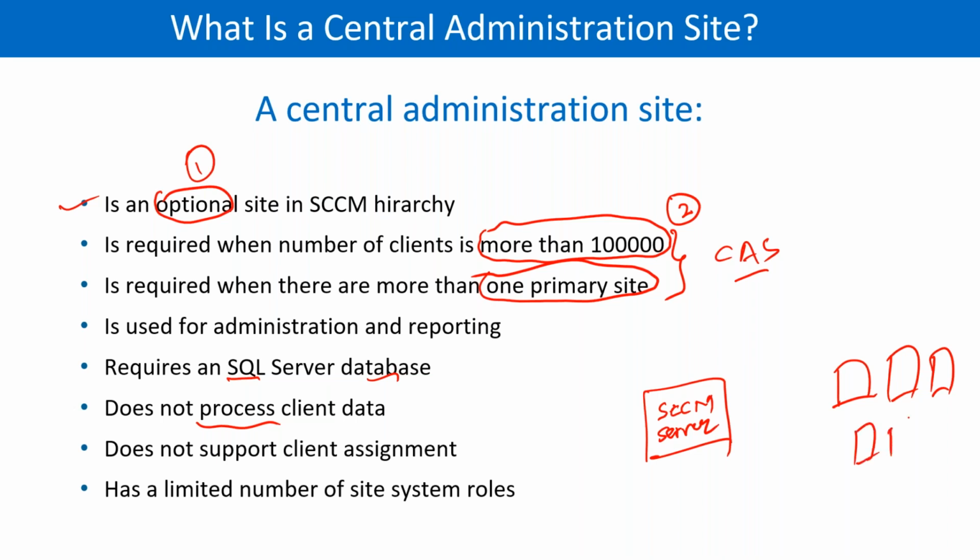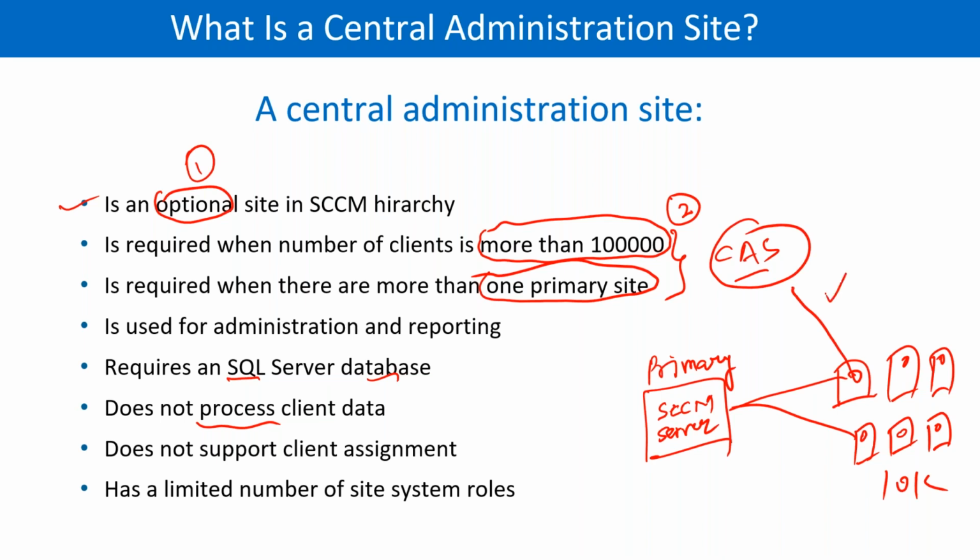Let's say you have 10,000 computers. The SCCM client has to be installed on each and every computer. This client will always talk to the primary site server. You have a cache server, but the client will never talk to the cache server. That is not possible. The client will always talk to the primary site server. Got it, guys? Clear? Yes.